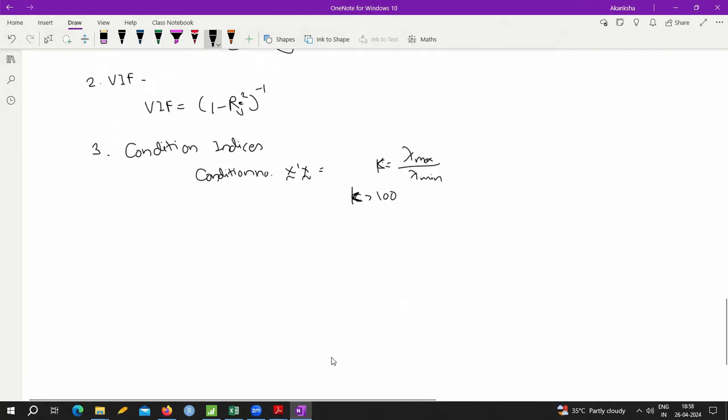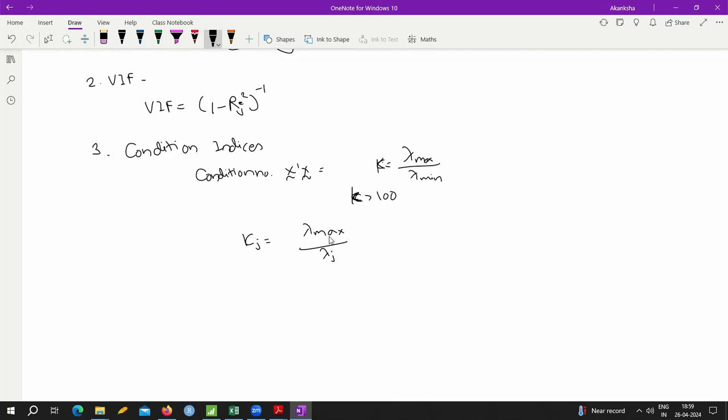Condition indices will be lambda max upon individual lambdas, so lambda max upon any jth eigenvalue. If the rank of X prime X is p, then I'll have p condition indices. Again, high values of condition indices will indicate high multicollinearity, and we can also see how many condition indices are larger than, say, 1000.